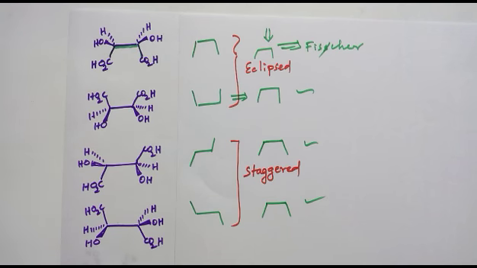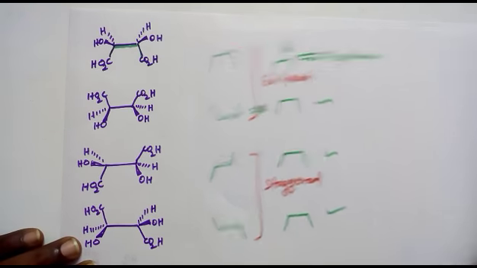Convert the staggered into eclipsed, convert the chair into stool, then you can write it into Fischer projection easily. So stool to Fischer, that is the only point. Make everything into a stool-like conformation, then you can write it in Fischer. Now let's see this.